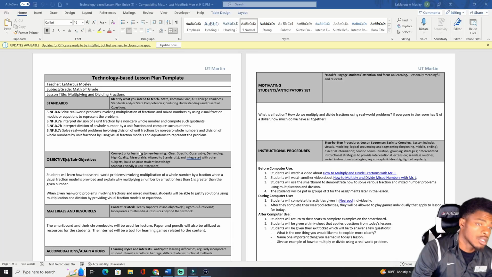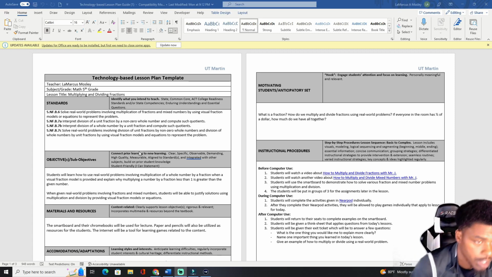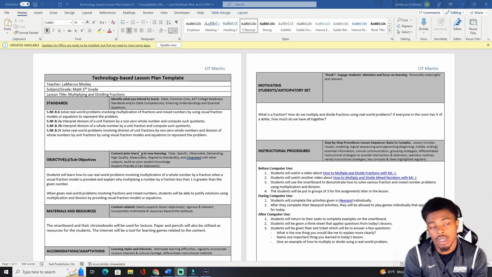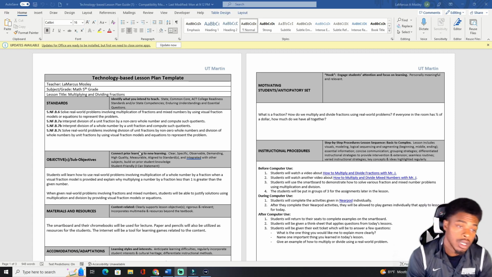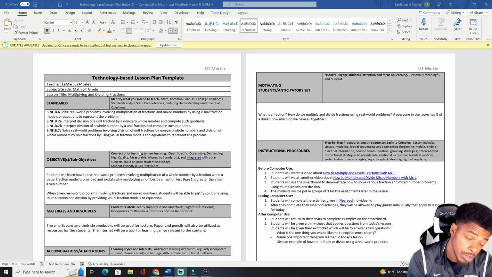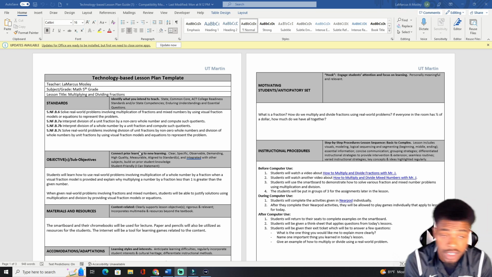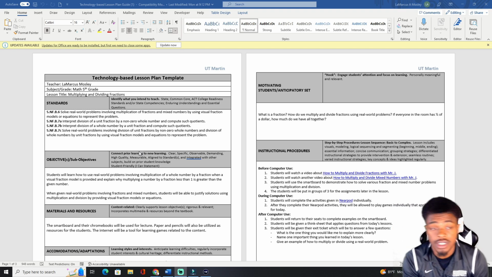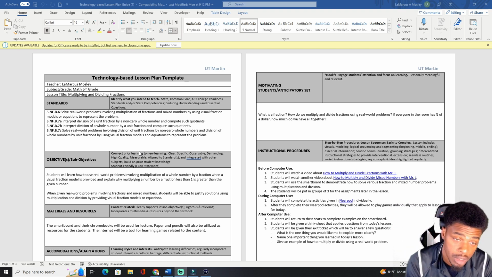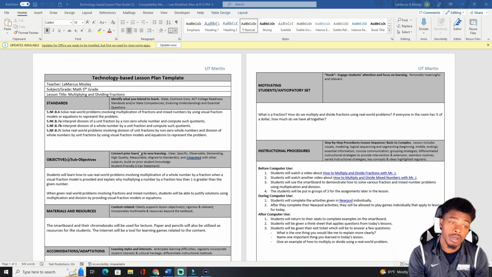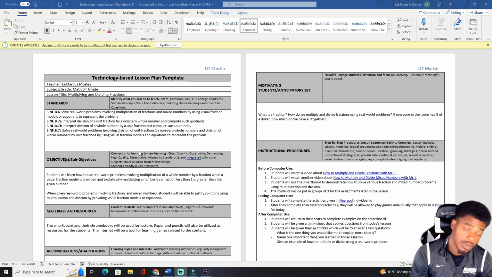Hello, class. So for today, we're going to be multiplying and dividing fractions and mixed numbers. We're going to be using real world problems involving multiplication and division of fractions and mixed numbers by using visual models or equations to represent the problem.